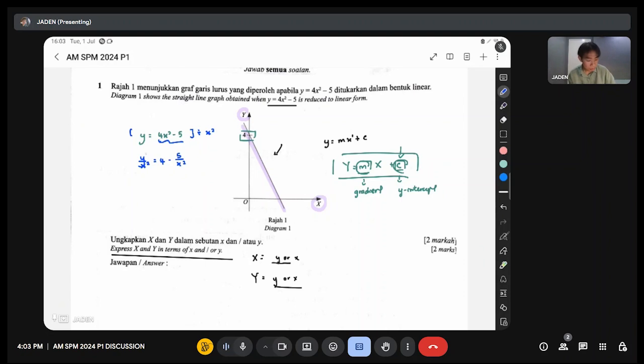Now, this is still not the format of y equal to mx plus c because your c should be at the back. So you switch the 4 to the back, you get negative 5 over x squared plus 4, because there is no negative sign in front of 4. When you move to the back, it still remains as a positive sign. So this is plus 4, and y over x squared on your left hand side.